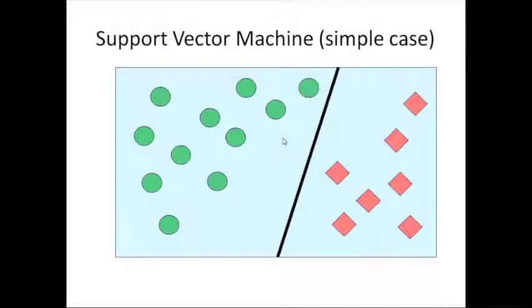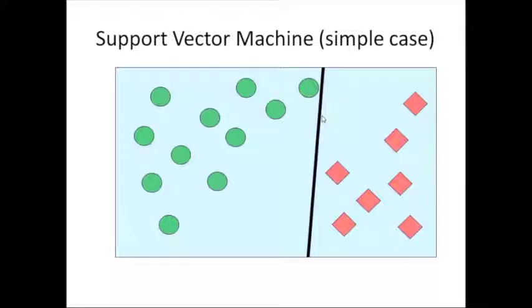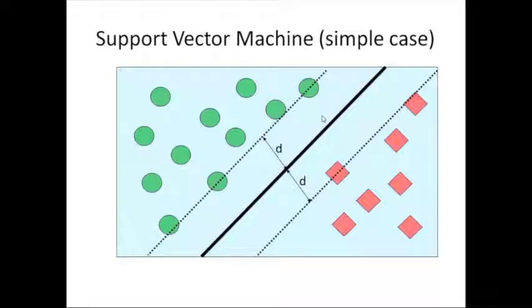In the simplest case, when there are two classes and the classes are linearly separable, in the case of a linear kernel, so when classes can be separated by a hyperplane, for example, by a line in a 2D visualization, really there are multiple lines that can separate these classes. And the question is, what line, what separation is optimal?